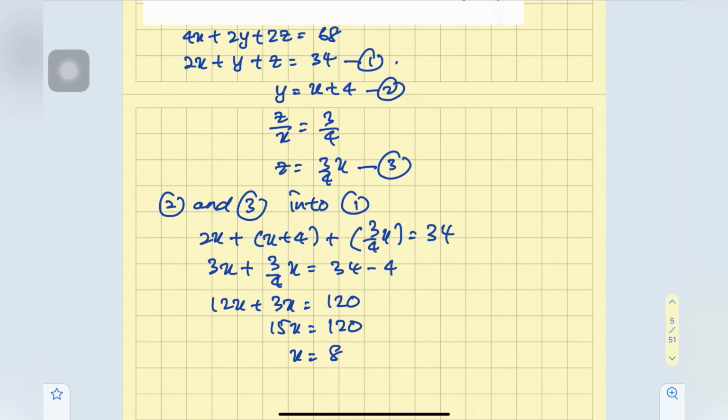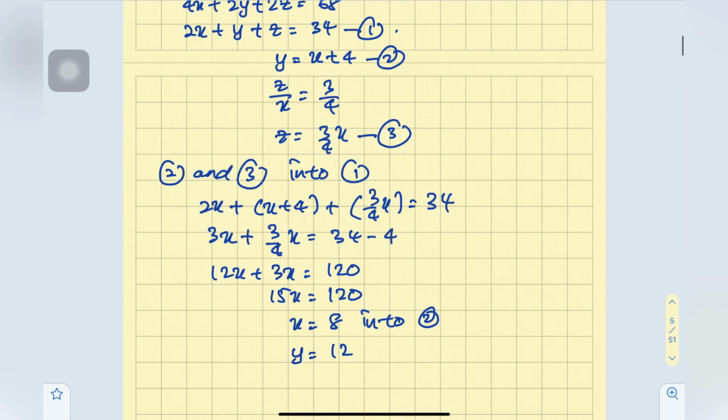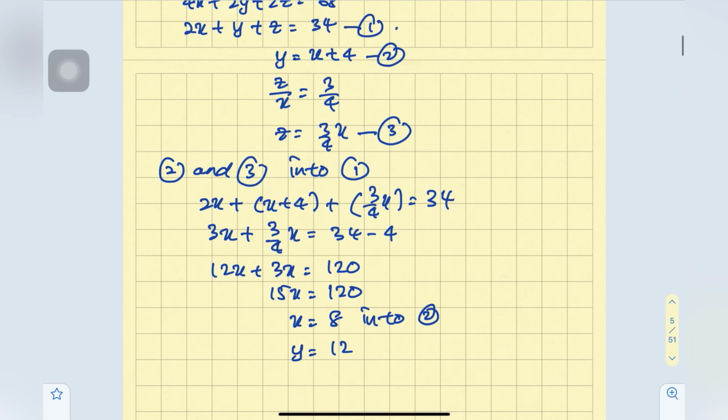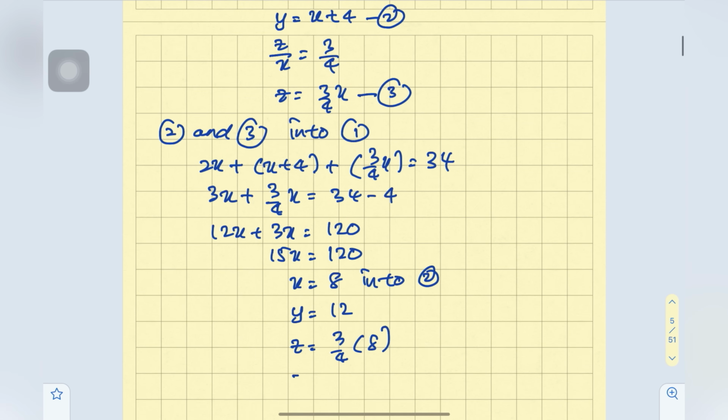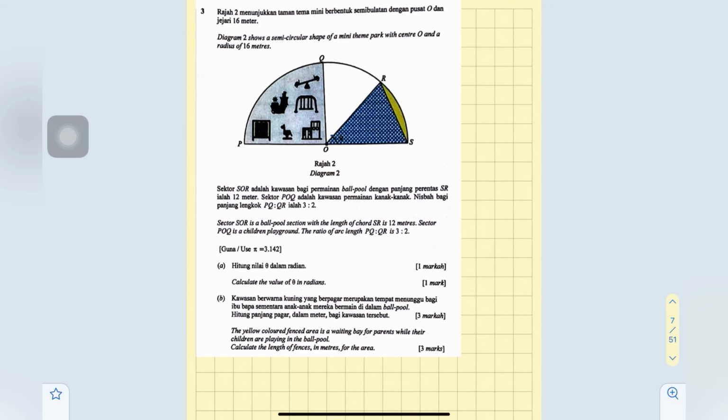Then we substitute x equals 8 into equation 2. So y equals 8 plus 4, which is 12. And x equals 8 into equation 3, so z equals 3 over 4 times 8, which equals 6. So this is the answer: x is 8, y is 12, z is 6.